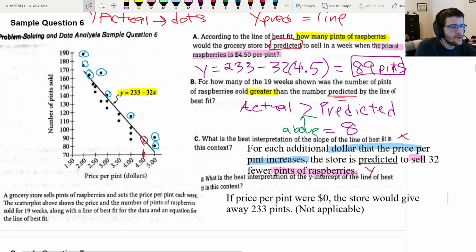So the concept they want you to understand here, and this is something you learn about when you take statistics, is that not all data sets are appropriately modeled by a line of best fit. Sometimes they're quadratic or exponential or something else.